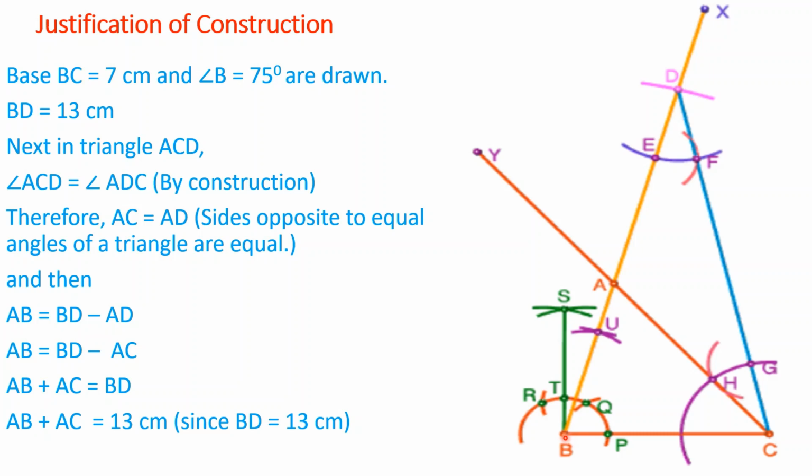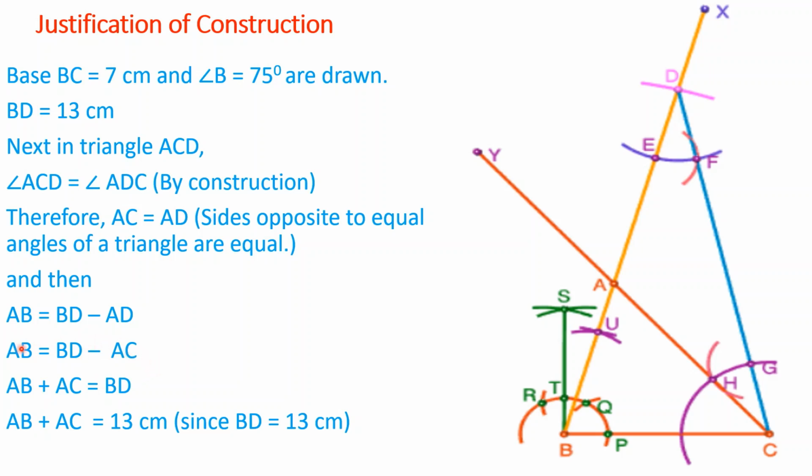Also we can write BD, this longer line, BD minus AD is AB. Clearly from the picture you can see BD minus AD equal AB. And AD equal AC, we have just proved. So we have written AC in place of AD. So AB equal BD minus AC.